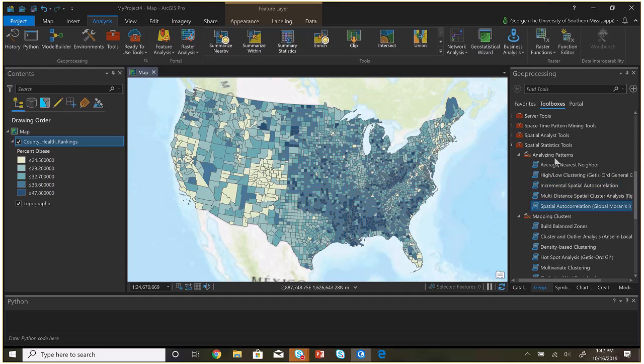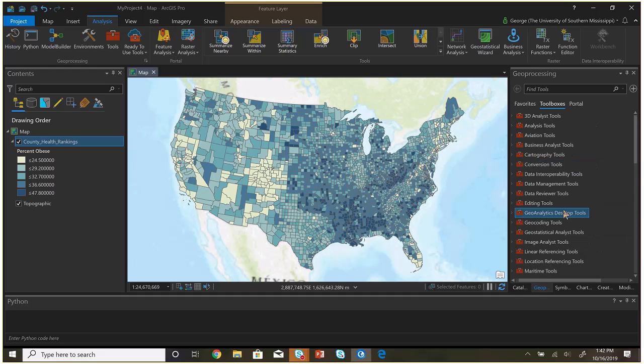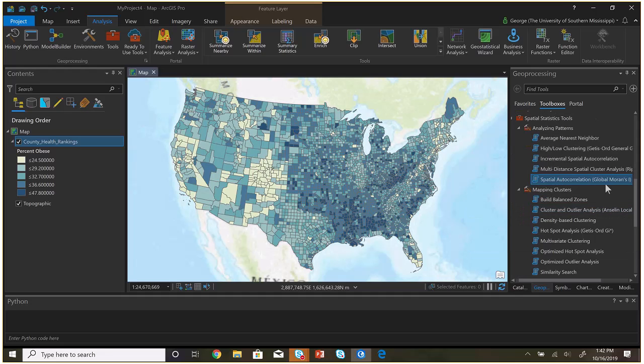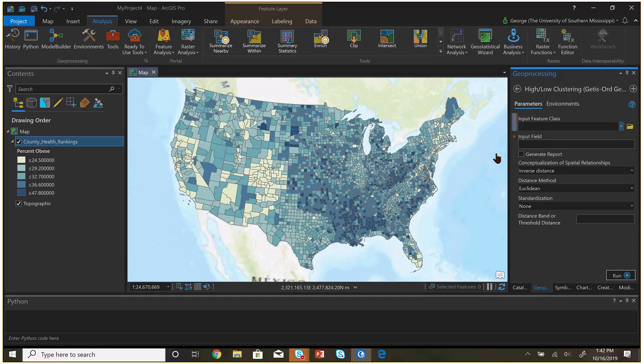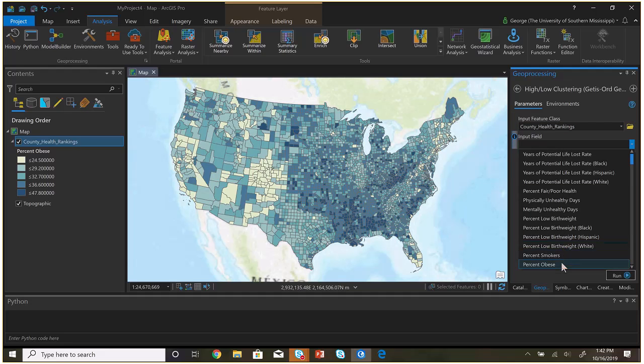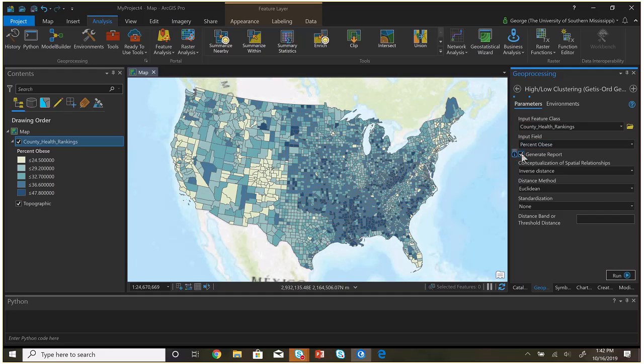So let's go ahead and run that for obesity. That is right here, the high-low clustering. I'm going to run this for the county health rankings. I'm going to choose obesity as the field, and I'm going to generate my report.